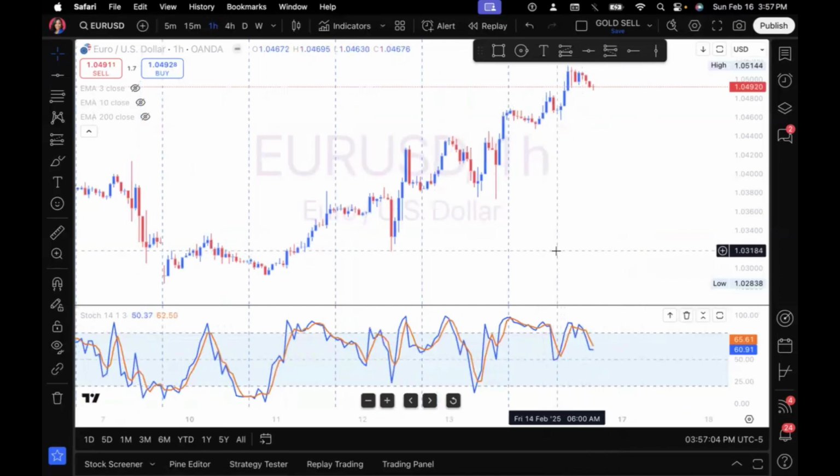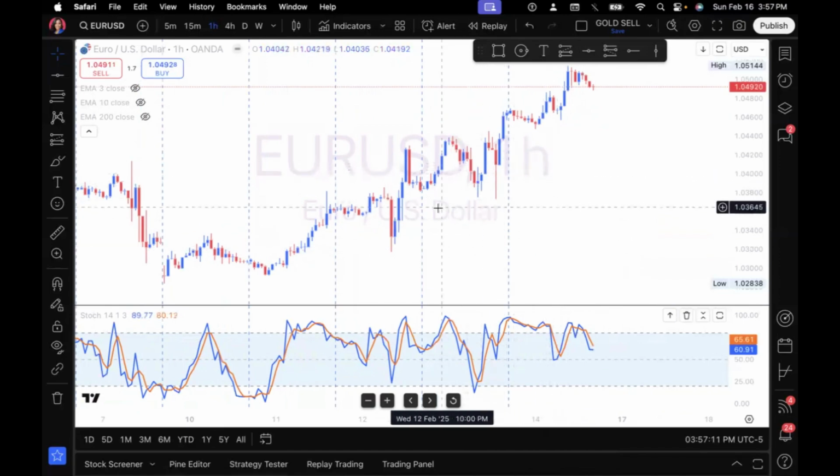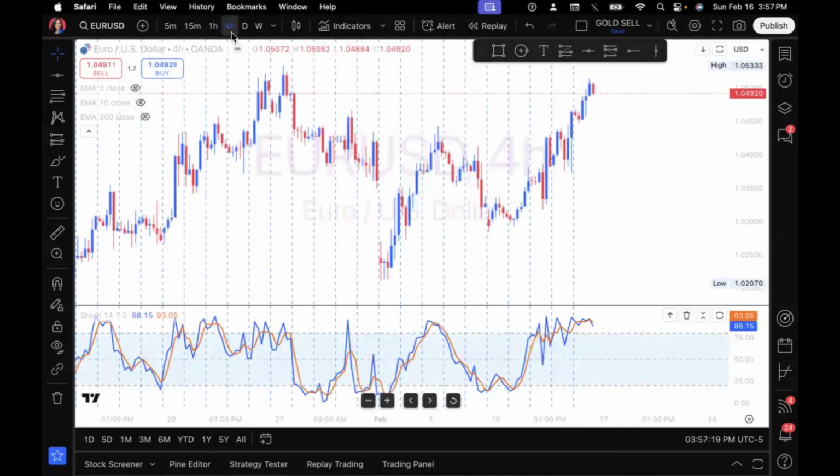Now, what the session breaks do is they break the chart down by the day. So if we're on the hour time frame, there will be 24 candles between this line and this line. If we were to change our chart to 4 hours, there will be 6 candles between this line and this line because there are six 4-hour candles in 24 hours.